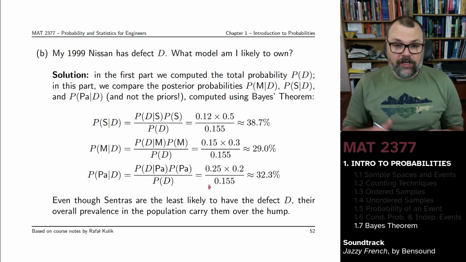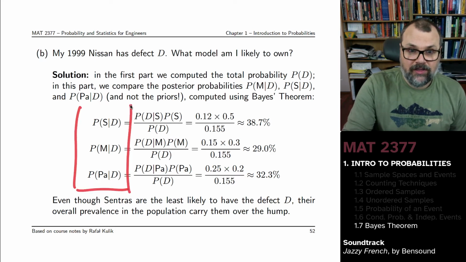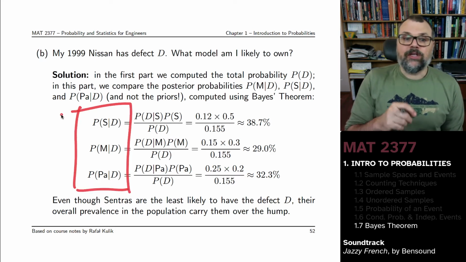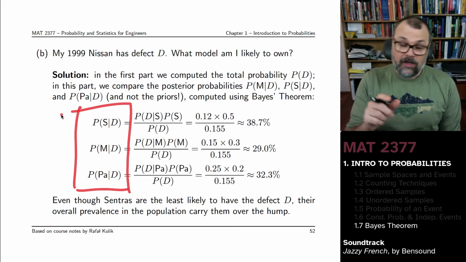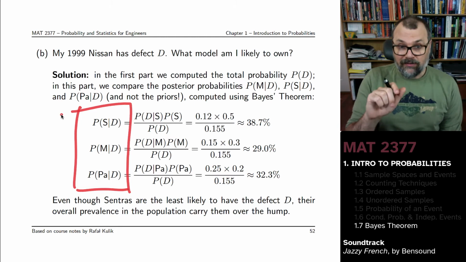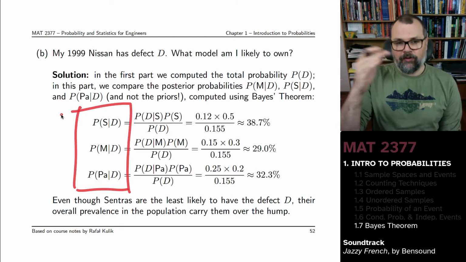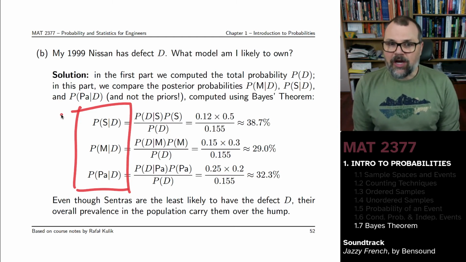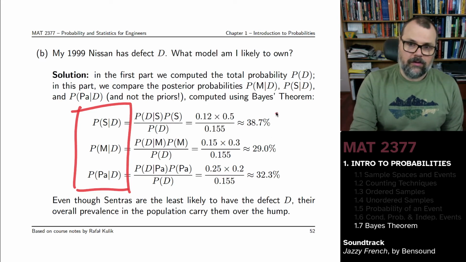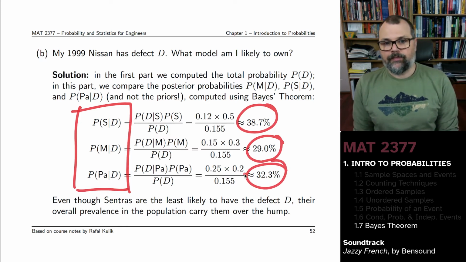So it's important here to realize that you want to find these posteriors, and you can compute them not directly, that's actually impossible to do, but if you use Bayes' theorem, and you flip the conditional probability, multiply by the prior and divide by the probability of the defect, then you can obtain some idea as to which car it is that you own.